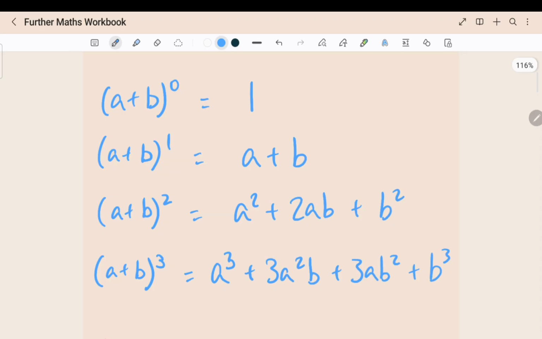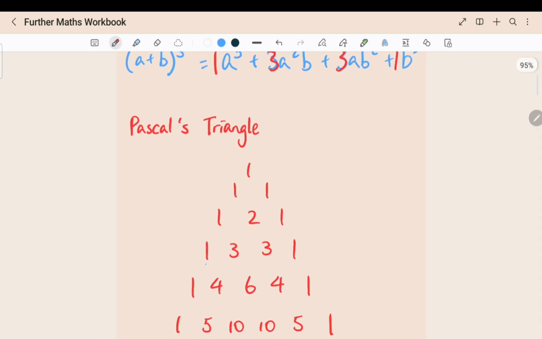For this, you can have a look at the pattern, which is the coefficients 1, 1, 1, 1, 2, 1, 1, 3, 3, 1, which is Pascal's triangle.